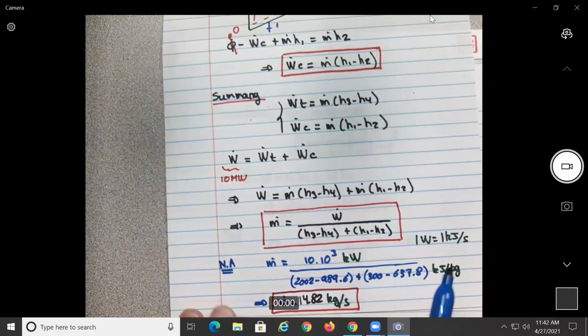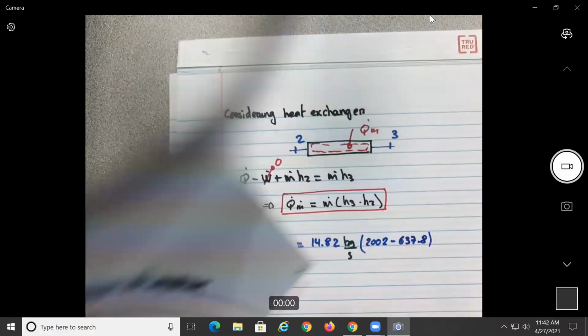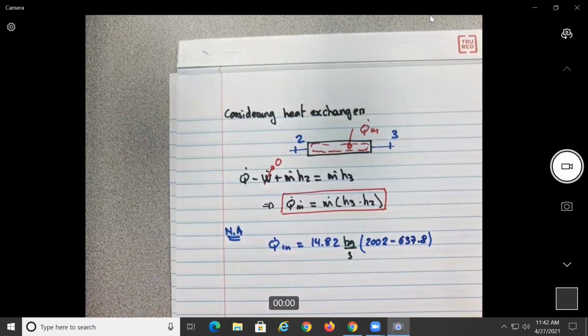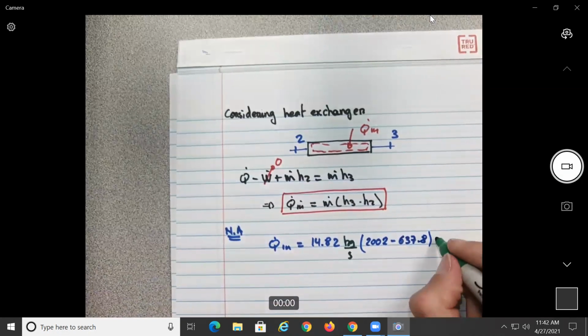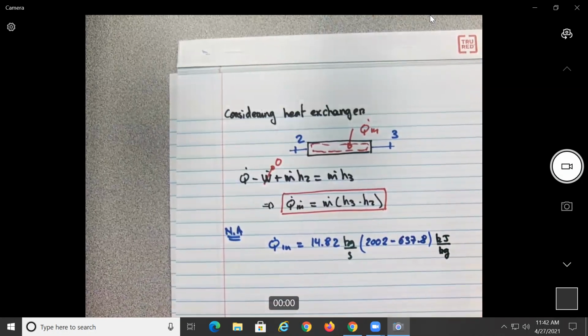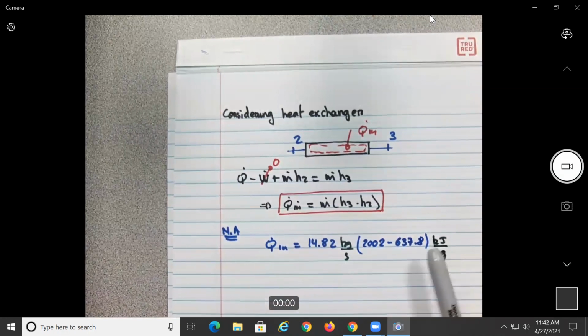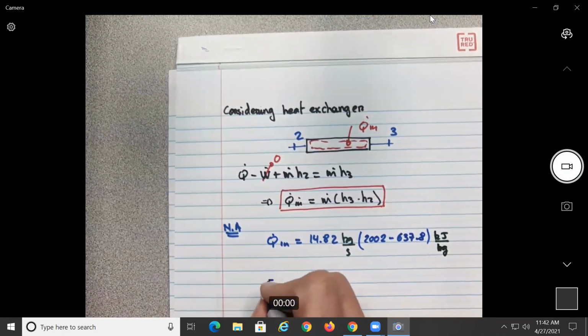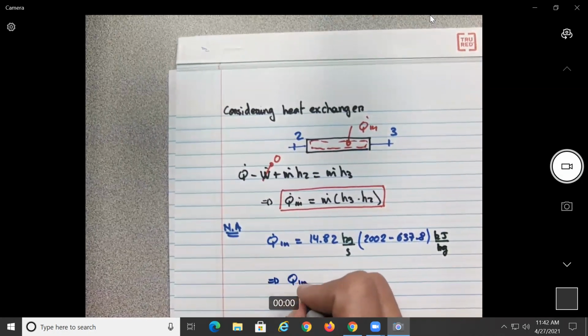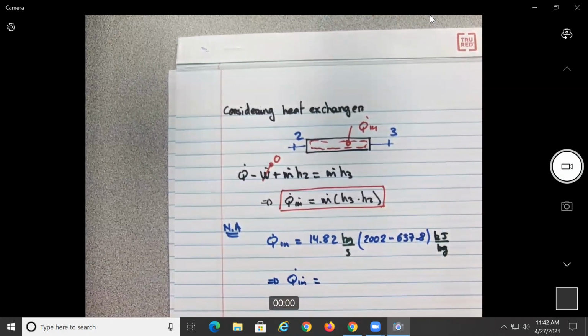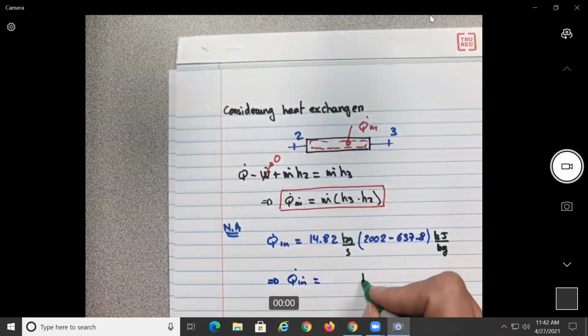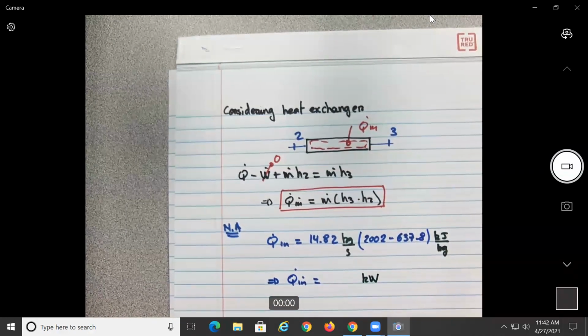Just looking at these values here. And this is in kilojoules per kilogram. So basically what you see, you're gonna get kilojoules per second, which is what? Watt, no? And the kilograms will cancel out. So whatever it is, this is the result, will be in kilowatts.